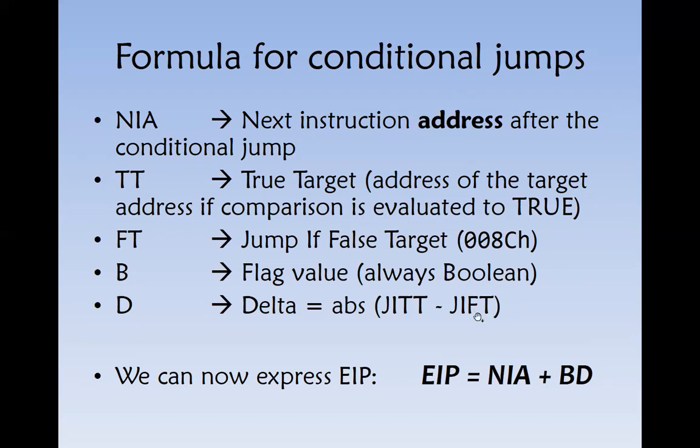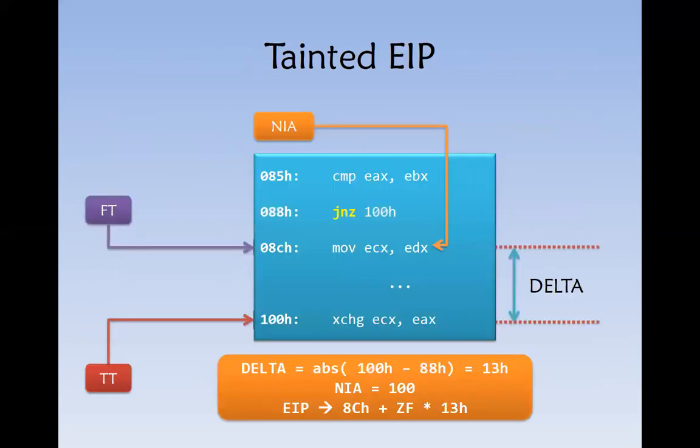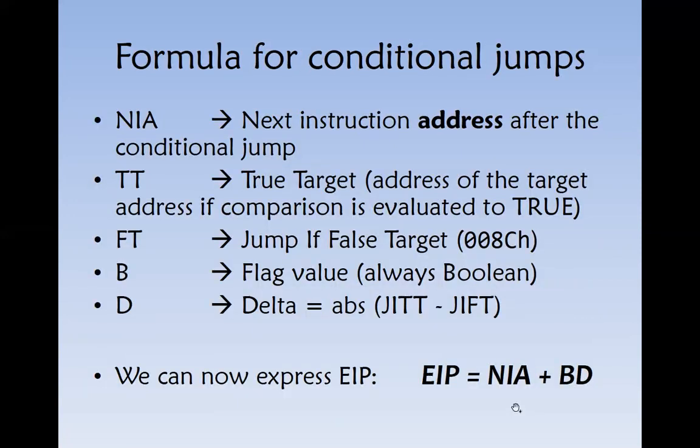Okay. So now you can express the EIP as equal to the next instruction address plus B times D. That's the way you would express the EIP, and if you express it this way, then you can just carry over the taint tags.